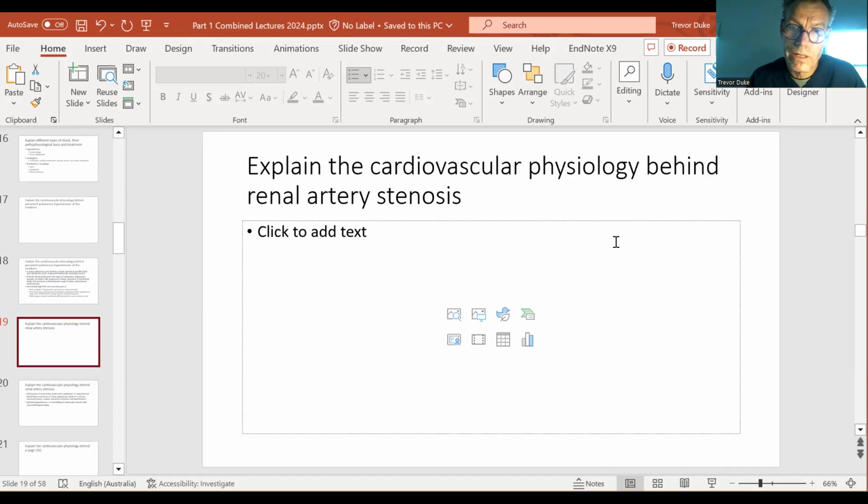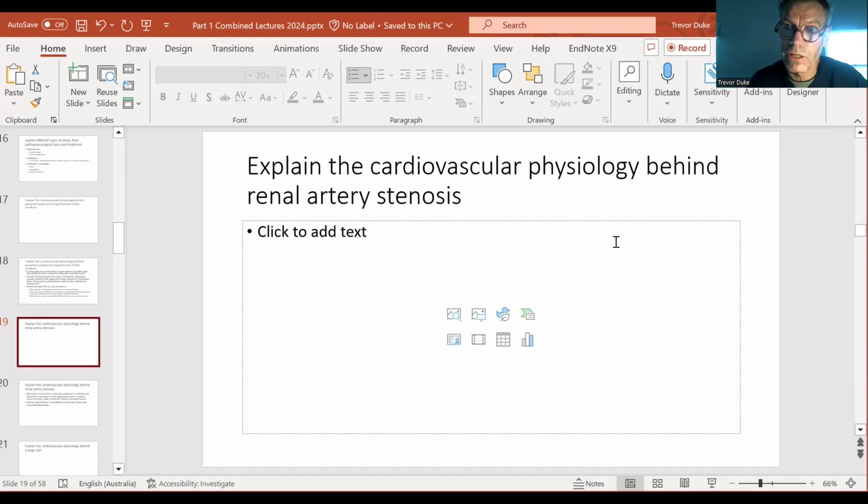This question about renal artery stenosis, again, is not such a common problem in pediatrics, although in children who've got severe hypertension, we should always consider, do they have congenital renal artery stenosis?